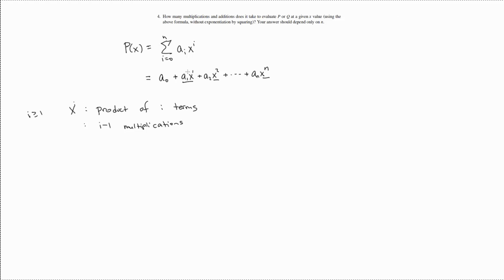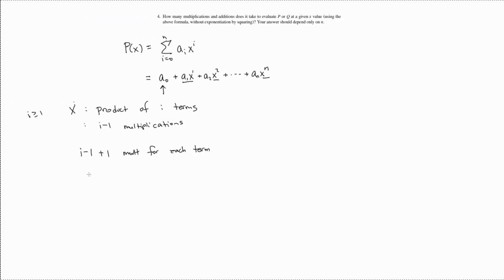But we also have to multiply x to the I by a_i. So in total for each term we need I minus 1 plus 1 multiplications for each term. Notice how we don't need any multiplications for the first term because it's just a0.